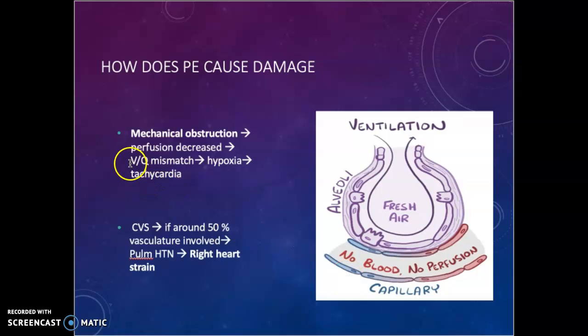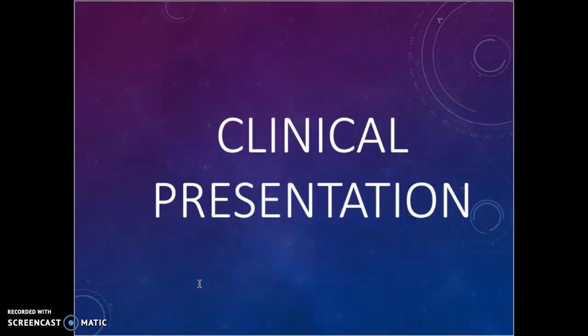As a result, you have a mechanical obstruction causing decreased perfusion, thereby causing a VQ mismatch, which causes hypoxia and tachycardia. If around 50% of the vasculature is involved, it may cause pulmonary hypertension, thereby causing right heart strain.